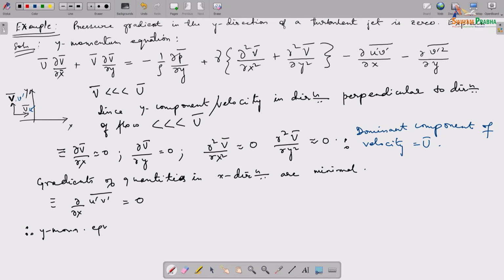the y momentum equation is equal to, okay, so this becomes my y momentum equation.